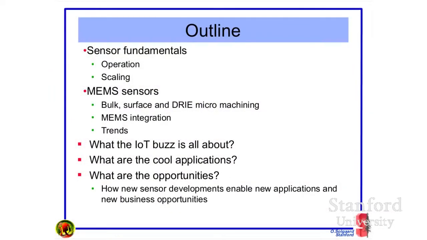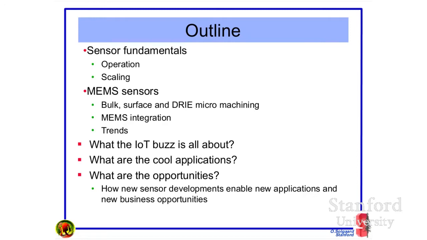Here's my outline. I'm going to talk a little bit about sensor fundamentals because that allows you to understand a little bit better how you should design and operate sensors in the Internet of Things environment. And I will make the argument, and I hope a strong argument, that MEMS sensors, meaning sensors that are made with silicon foundry technologies, are the ones that really are going to enable the Internet of Things, and have been doing so up to now and will do even more of that in the future.